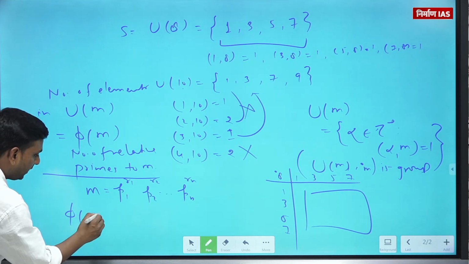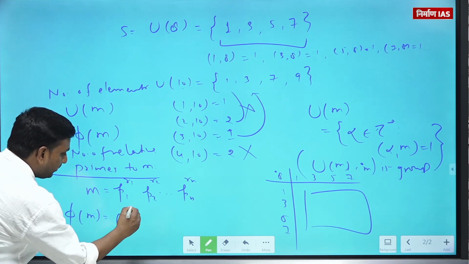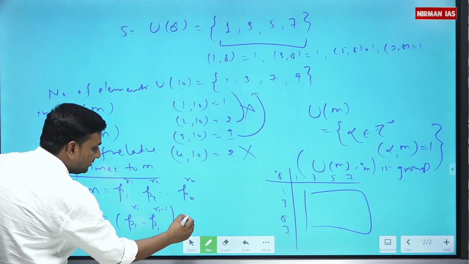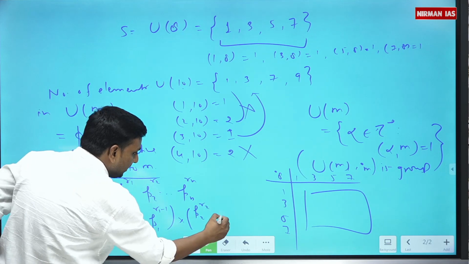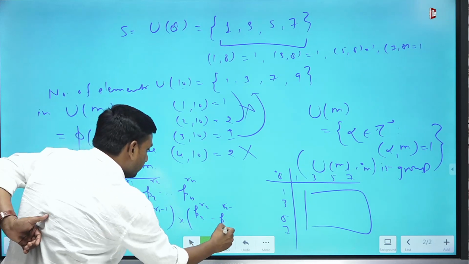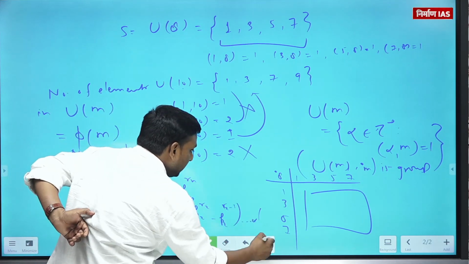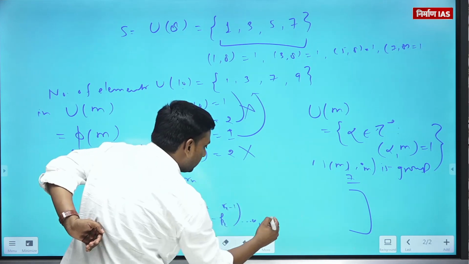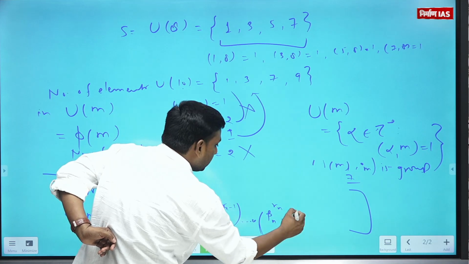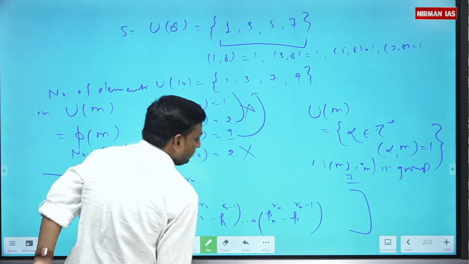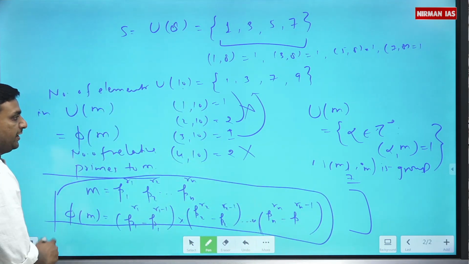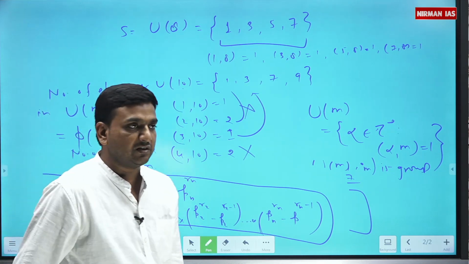Then the number of relative primes will be p1 raised to the power r1 minus p1 raised to the power r1 minus 1, multiplied by p2 raised to the power r2 minus p2 raised to the power r2 minus 1, and so on, up to pn raised to the power rn minus pn raised to the power rn minus 1. So this formula you can remember. This we will be using frequently in this group theory lecture series.